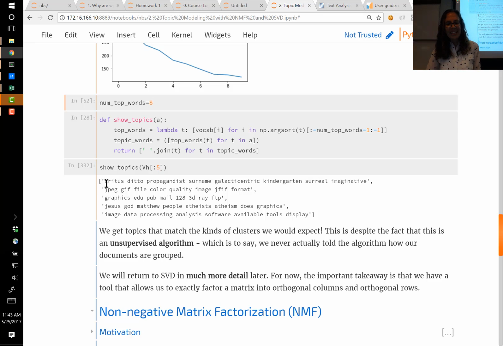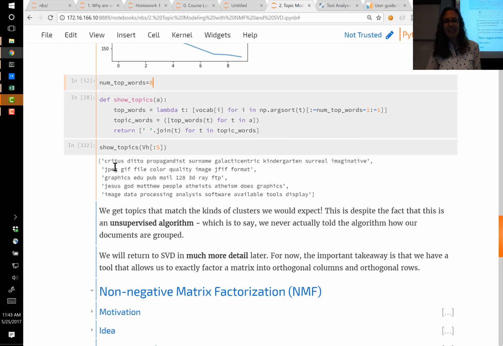So something to notice is, one, this first topic is very weird, so we'll ignore that for a moment and look at the other ones. We have a topic that is largely represented by the words JPEG, GIF, file, color, quality, image, format. Thinking back to our categories, which category might that correspond to? Right, computer graphics. The next one is graphics, edu, pub, mail, Ray, FTP.